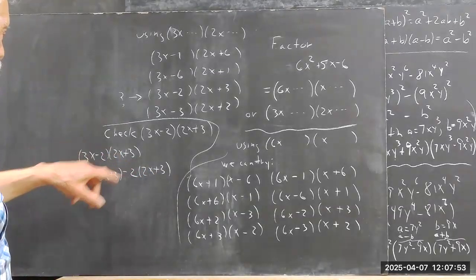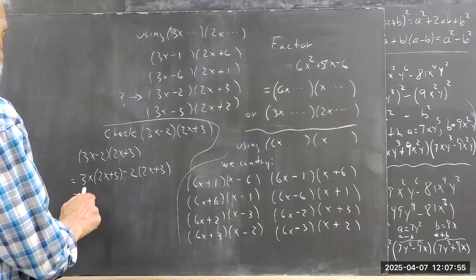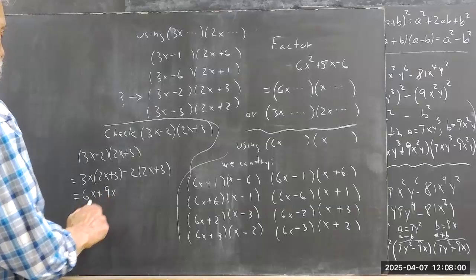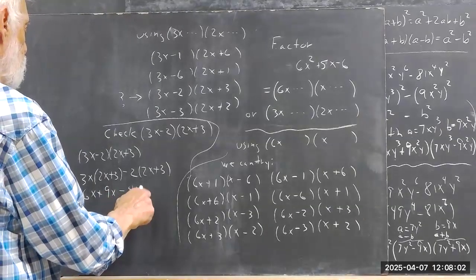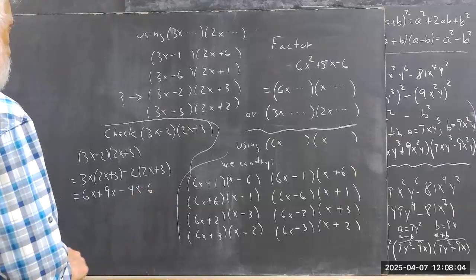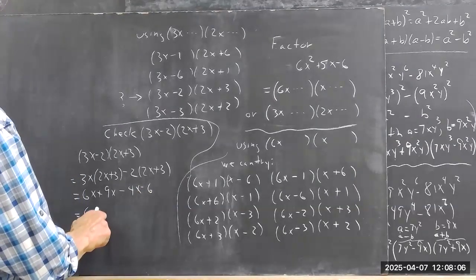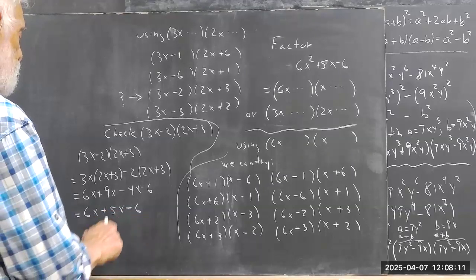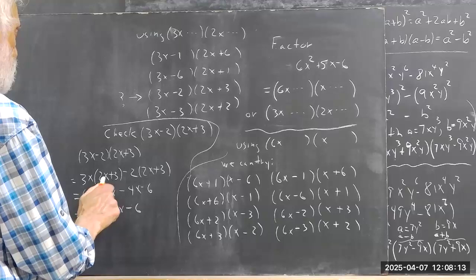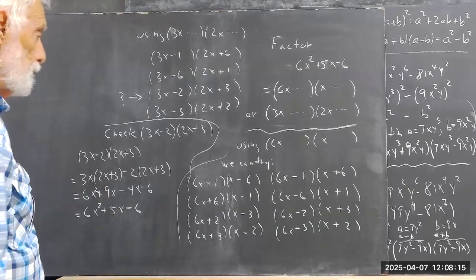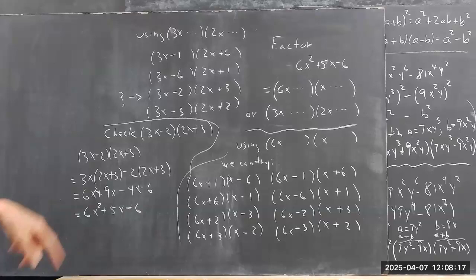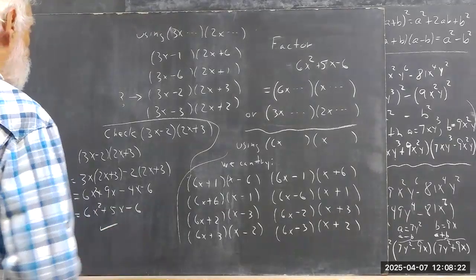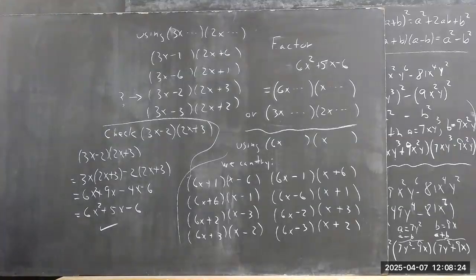It's 3 times this minus 2 times this. That's going to be 6x plus 9x minus 4x minus 6. And that equals 6x squared plus 5x minus 6. There we got it.